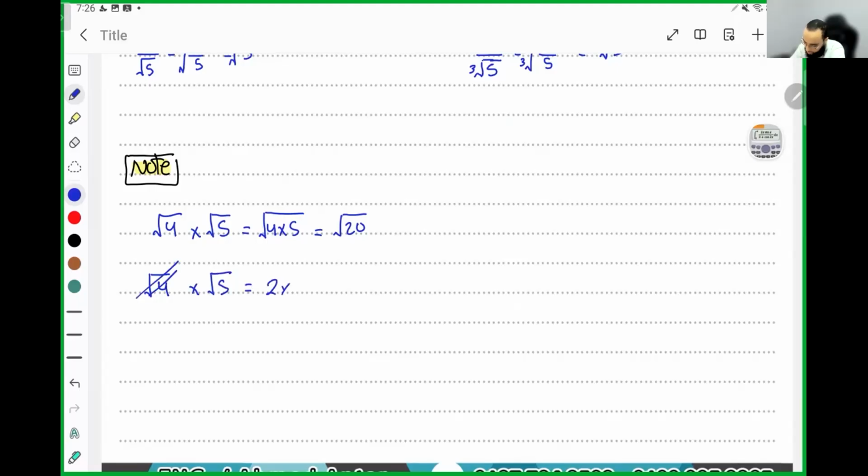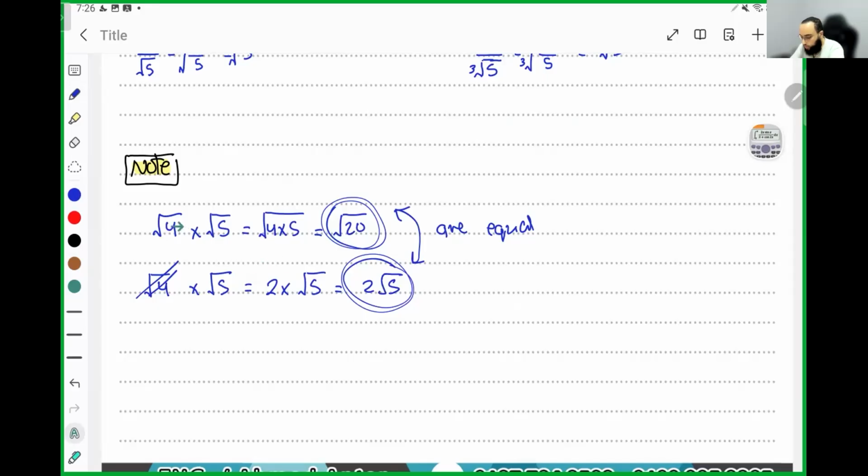Then it's 2 times root 5. Then it's 2 root 5. You know, both are correct. They are equal. By two ways, we get different answers. This is root 4 times root 5, which is root 20. We multiply the 4 and the 5 below the roots, gives us 20. Then it's root 20. It's correct. Another one said, Mr., root 4, I can delete it and write instead of it 2. Then it's 2 times root 5.